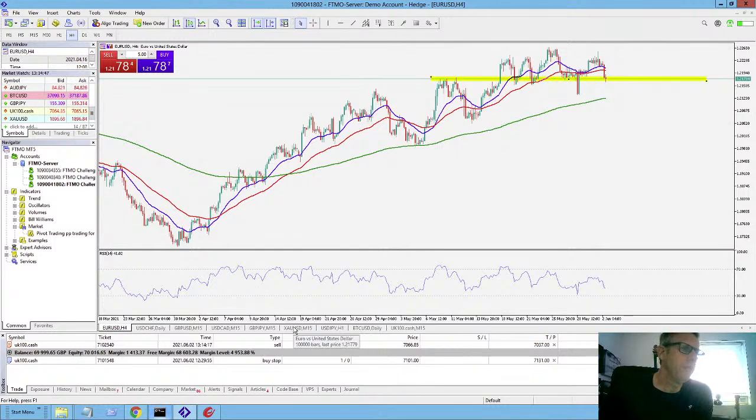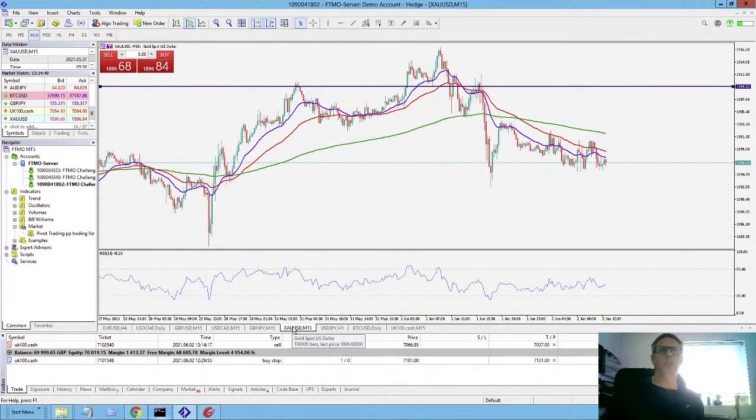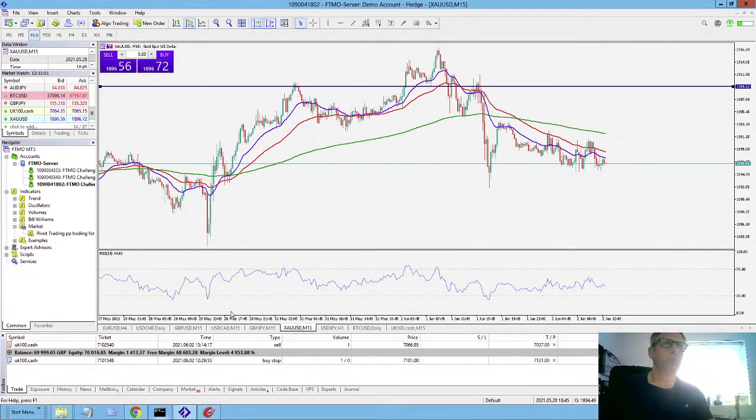I want to take a look at my favourite one, which is gold. Gold has not done much over the past couple of sessions. It can be quite volatile, but at the moment it's just consolidating. It's broken through the 1900 and not done much above that, so we could see a consolidation for a few days and another break.